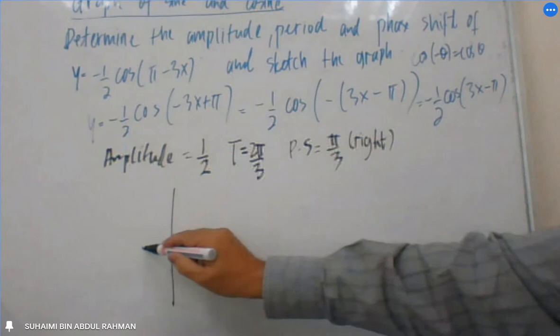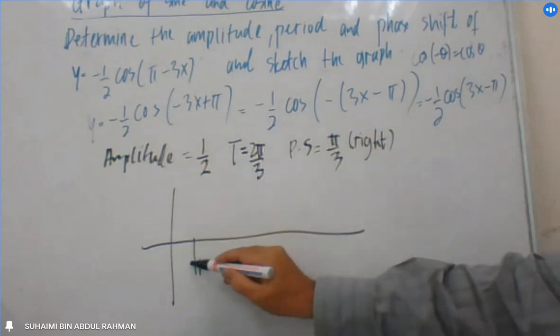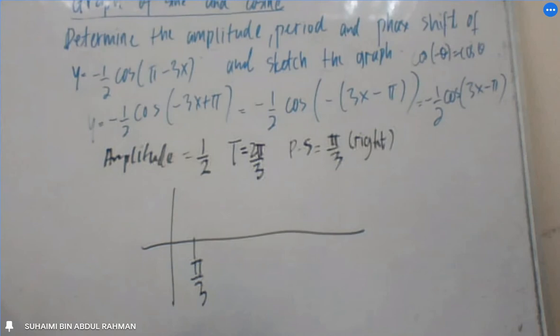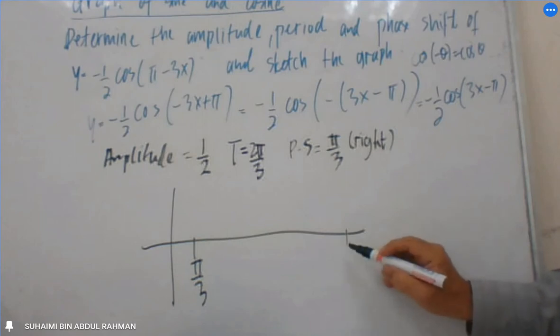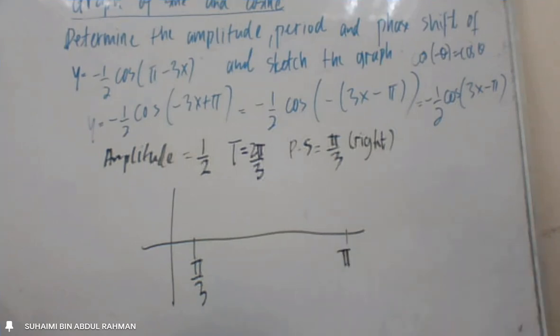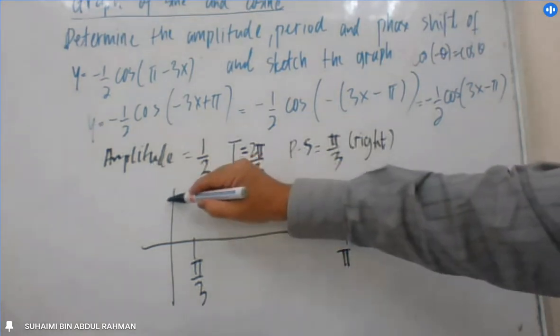Now sketching. The place we start is pi over 3. Where do we need to stop? Pi. And the amplitude is 1 over 2.